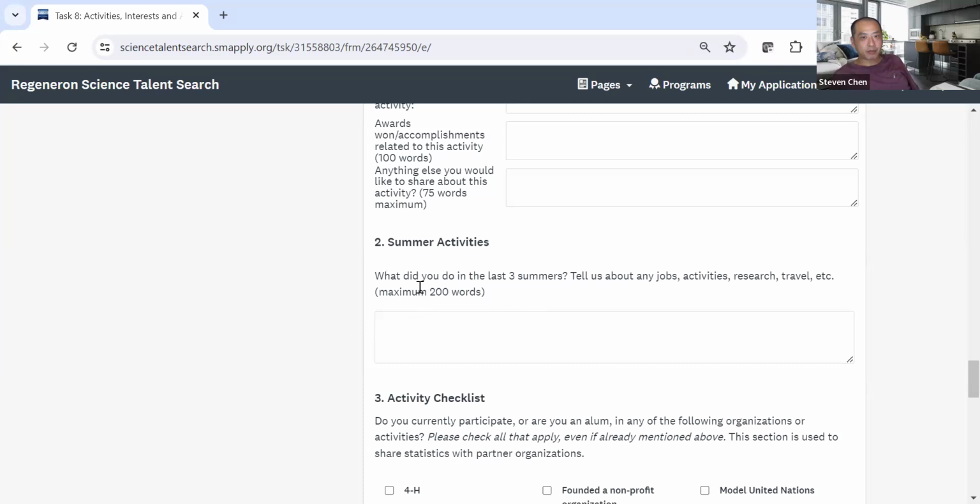For the Stanford prompt, I'm not sure whether this year they will keep the same prompt or not. It's not clear yet. If they keep the same prompt, I recall they only allow you to enter up to 50 words to summarize the past 2 summers. But here you can enter up to 200 words to summarize the past 3 summers. So you can usually answer based on the Stanford prompt, but you can definitely elaborate on what you did in the past 3 summers.